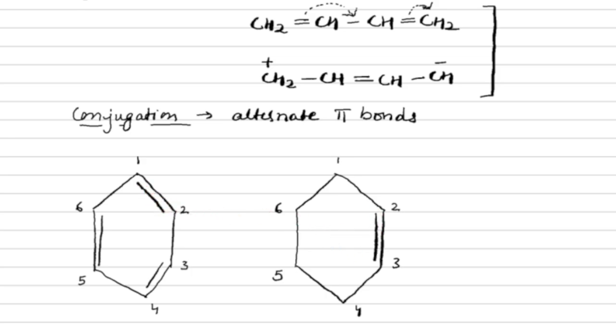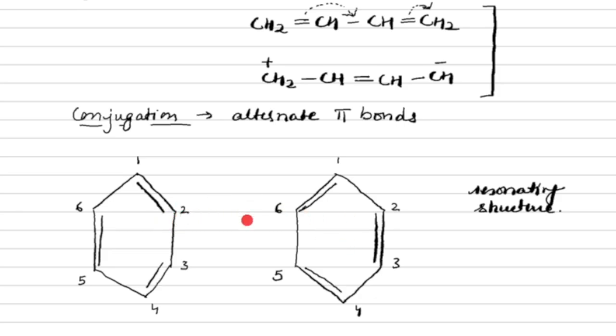Instead, I will use them between 2 and 3 this time, and then alternate conjugation. So leave one, alternate pi bonds, leave one, alternate pi bond. And these kinds of structures are called resonating structures. They are resonating with each other. Right? They look similar, but there is a difference, right?